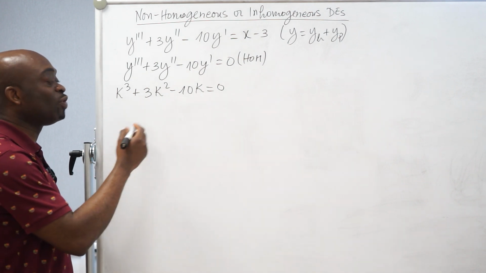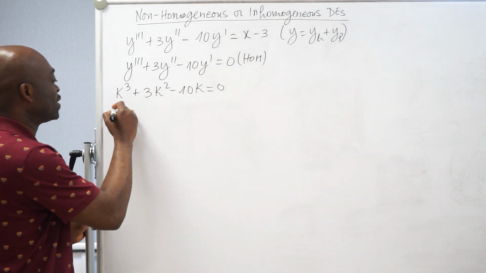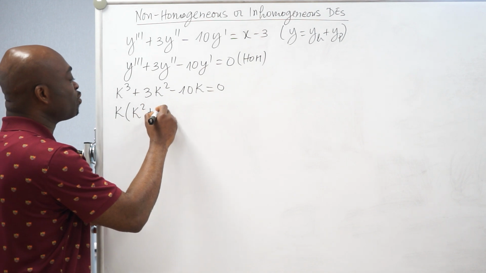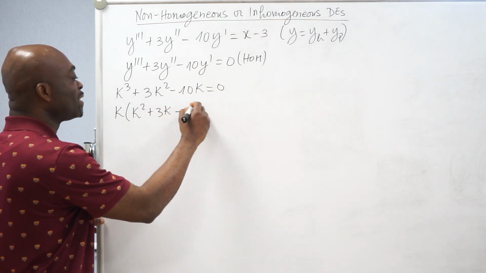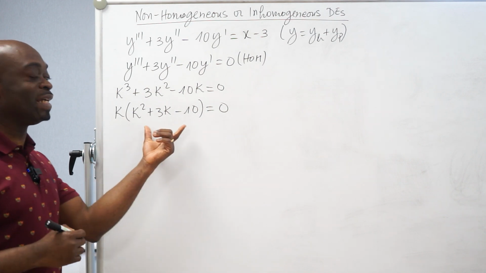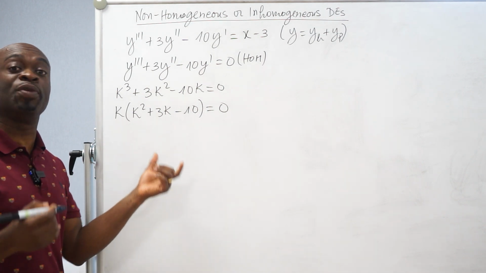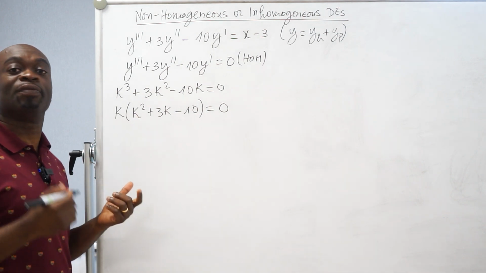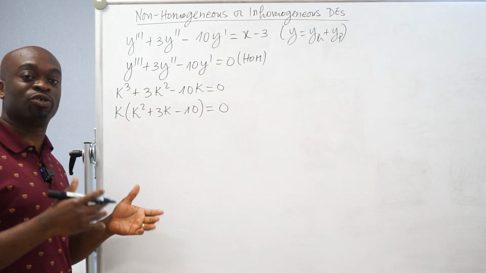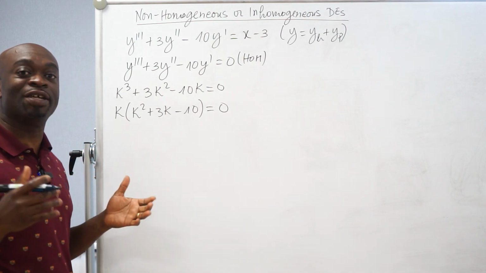In this case, we have k that we can take out. That's our common factor. So that gives k(k^2 + 3k - 10) = 0. Inside the parentheses, we have a trinomial with power 2 as the highest power. Can we factor it by the AC method?